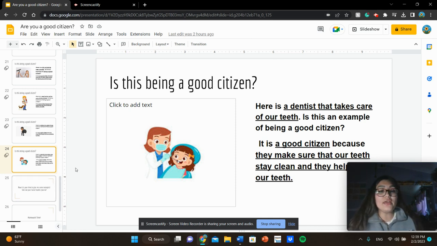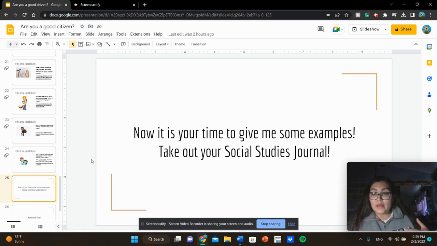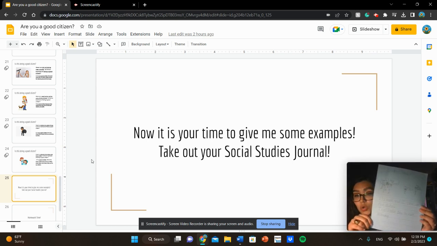Okay. Now that we've gone over some examples and non examples about being a good citizen, I want you to take out your social studies journal and we are going to be writing some examples about being a good citizen. Okay, so I'm going to show you a page about what your journal should look like, right?